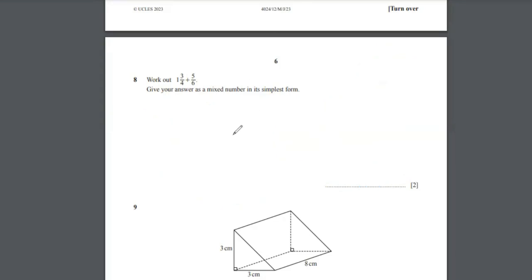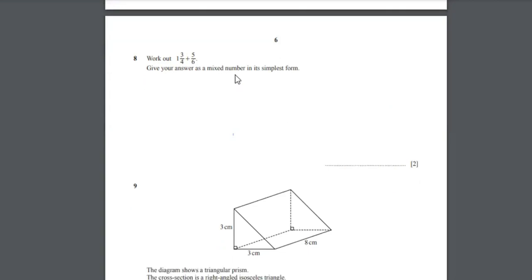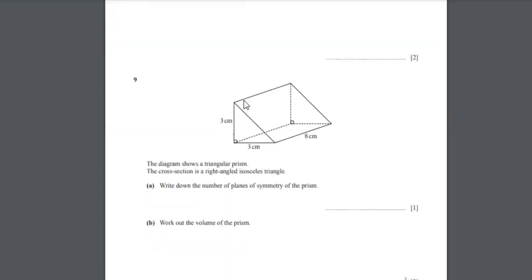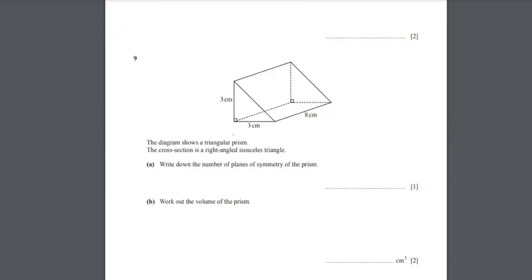Next question. Question number 9 is saying the diagram shows a triangular prism. The cross section is a right angled isosceles triangle.